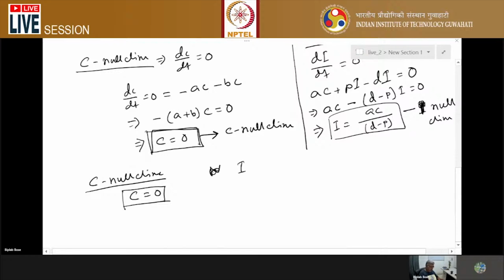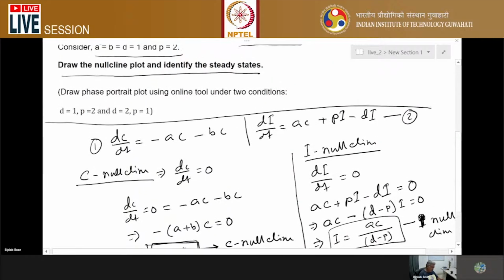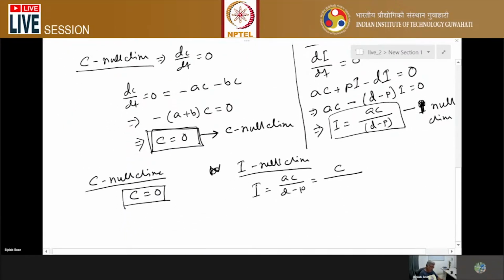I null-line is I equal to AC by (D minus P). A is 1, so 1 into C is C. D is 1, P is 2. So 1 minus 2, I can write this as minus C. So I equal to minus C is my I null.